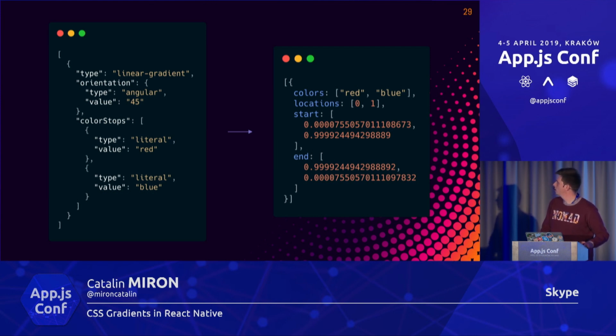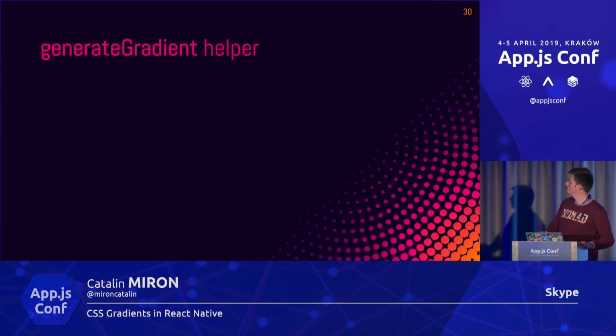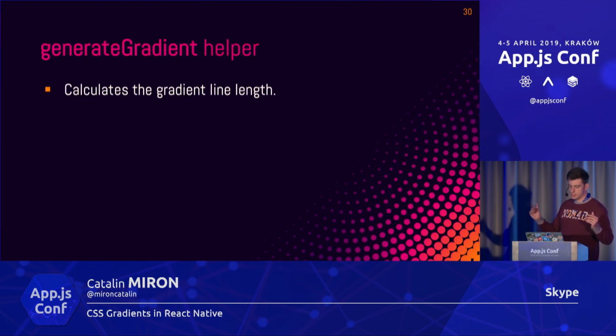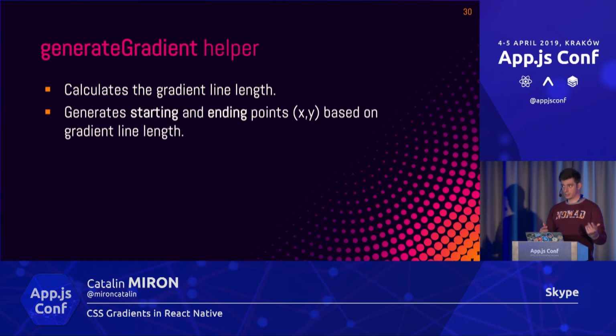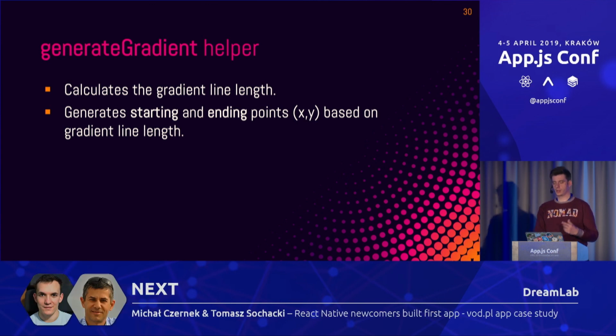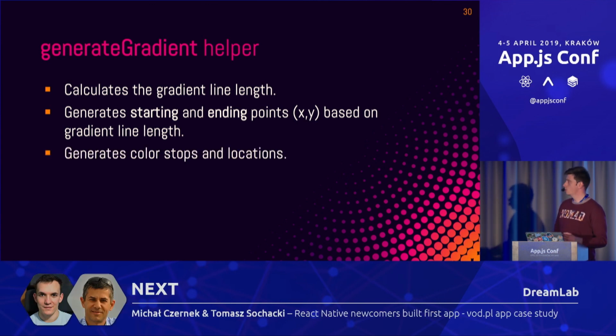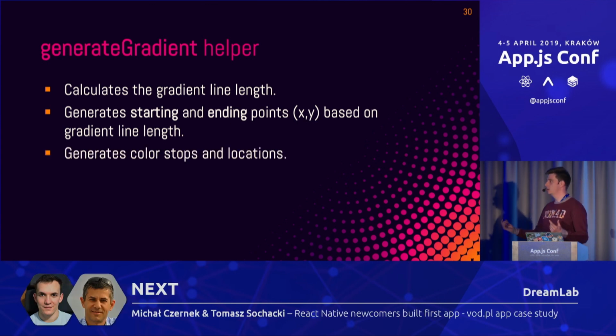So there are big numbers or small numbers. The gradient helper first calculates the gradient line in order to get the start and end coordinates, because they are related to each other, and it also generates the color stops and the location for each individual color.